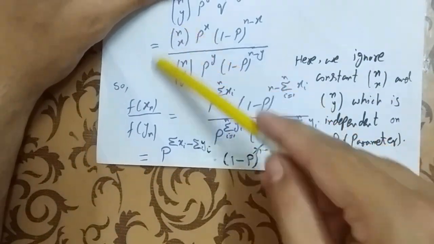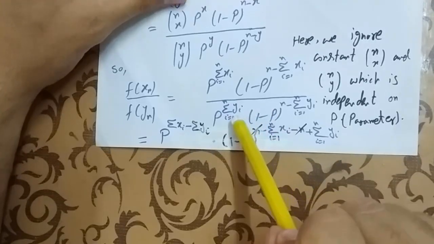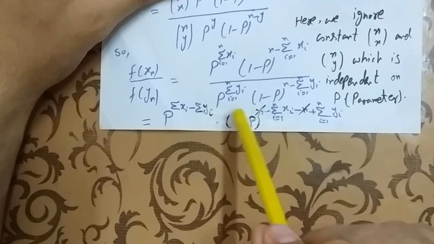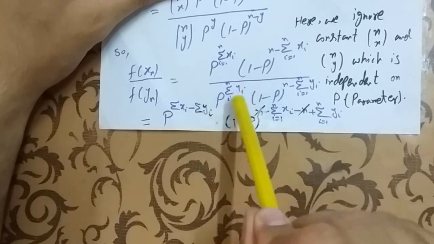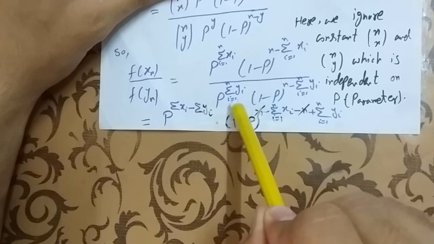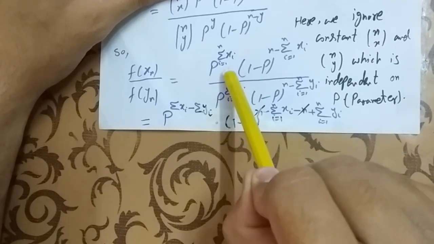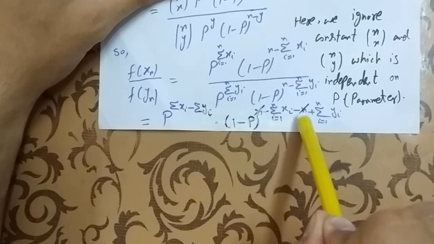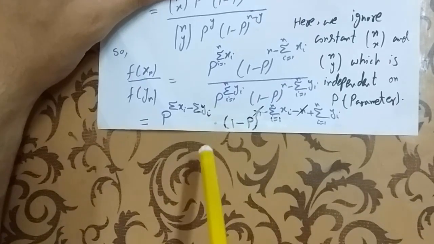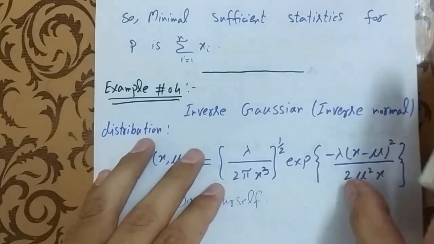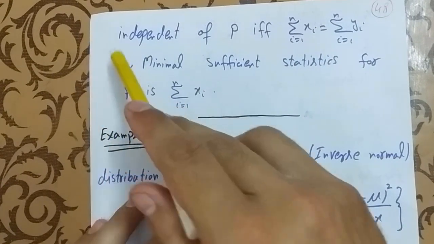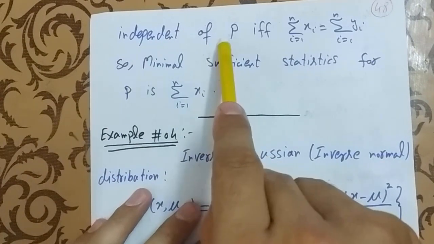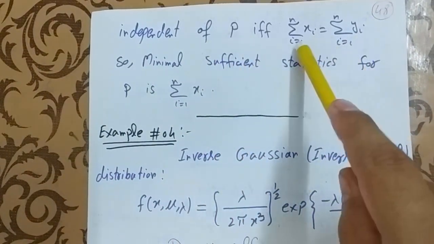For the nth sample, the denominator factor is p raised to summation yi, and similarly for this, here n cancels with small n and the remaining factor is this. This f of xn over f of yn relation is independent of p if and only if these two are equal.